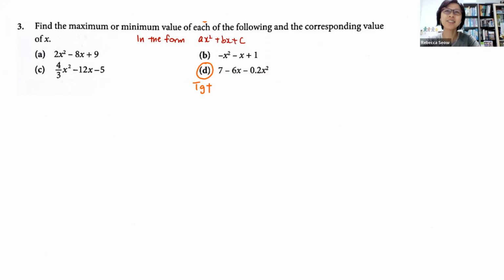Okay, so let's take a look at question 3D. I will leave questions A, B, and C out. We'll just focus on D. All the methods are the same. So for D, this is the question. Let's rearrange this according to ax squared plus bx plus c.